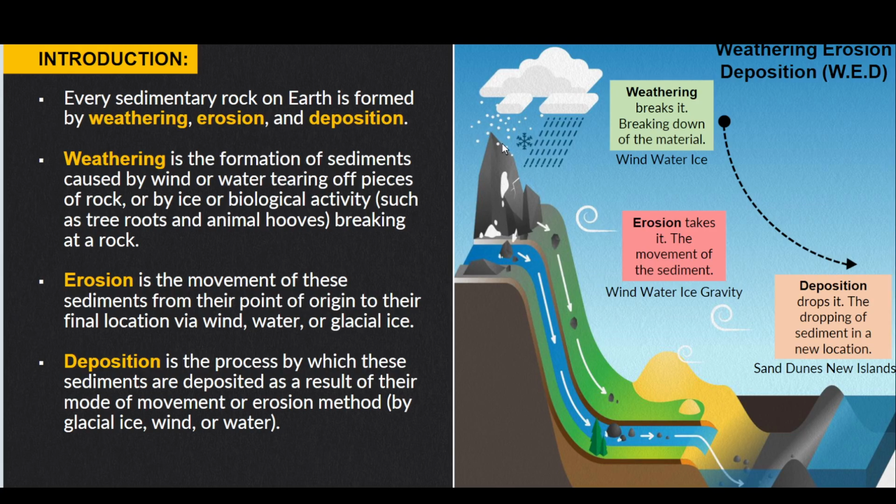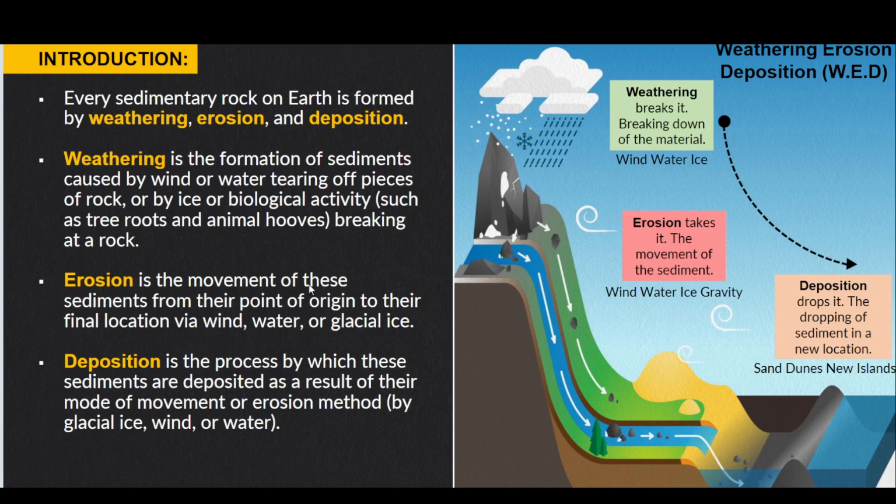Like there is a rock, and when it is broken down into smaller pieces, that is called weathering. It is done by wind, water, or ice. So you can see there is a rock or a mountain which is breaking into smaller pieces, right, and flowing with the water or with the help of wind, right, and this is called weathering.